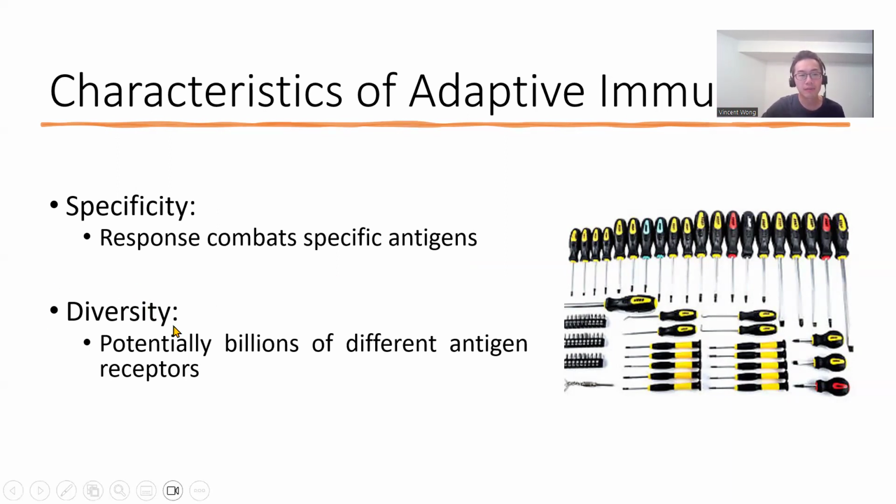It's also very diverse, okay? Meaning you have the potential to create antibodies for billions of different types of antigens. Although each antibody that you create is generally only good for one type of antigen. Basically, you can think of a set of screwdrivers, okay?